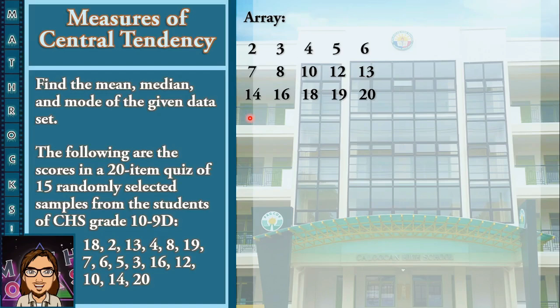And now for the mode. The mode simply refers to the observation with the highest frequency. And with that, let us prepare a table for the frequencies. Normally, X represents the score for the observations, while F represents the frequencies.